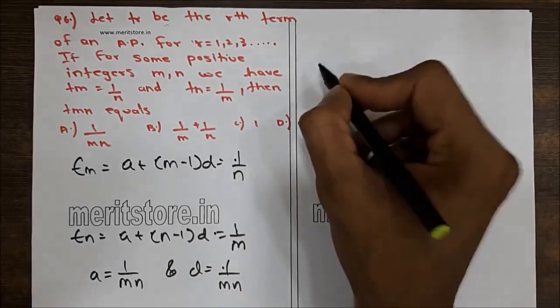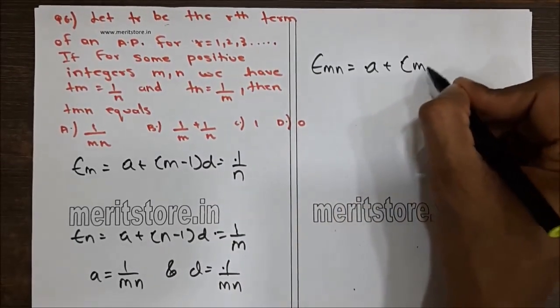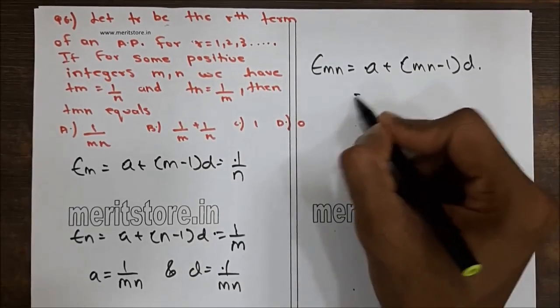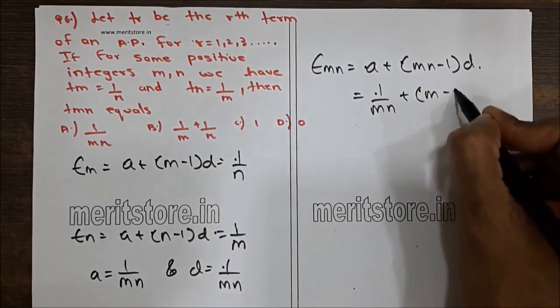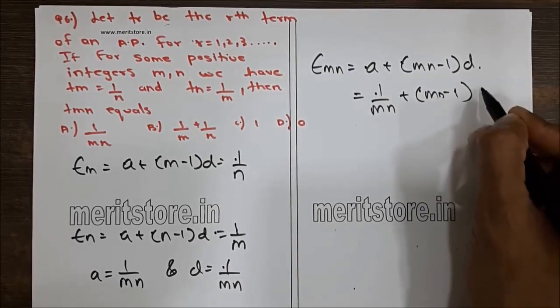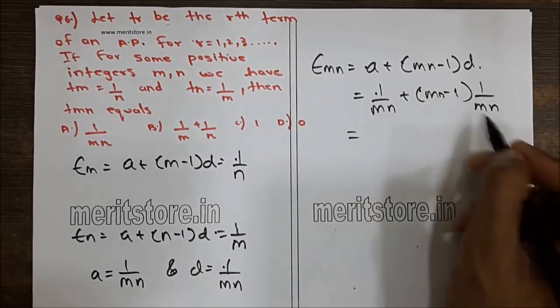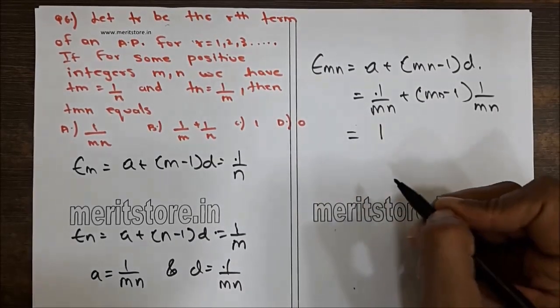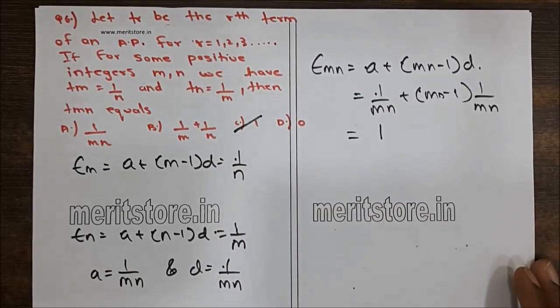Substituting these values in T_mn, which is a plus (mn minus 1) d, we get 1 by mn plus (mn minus 1) by mn, which equals 1, which is option C. Therefore option C is the correct answer.